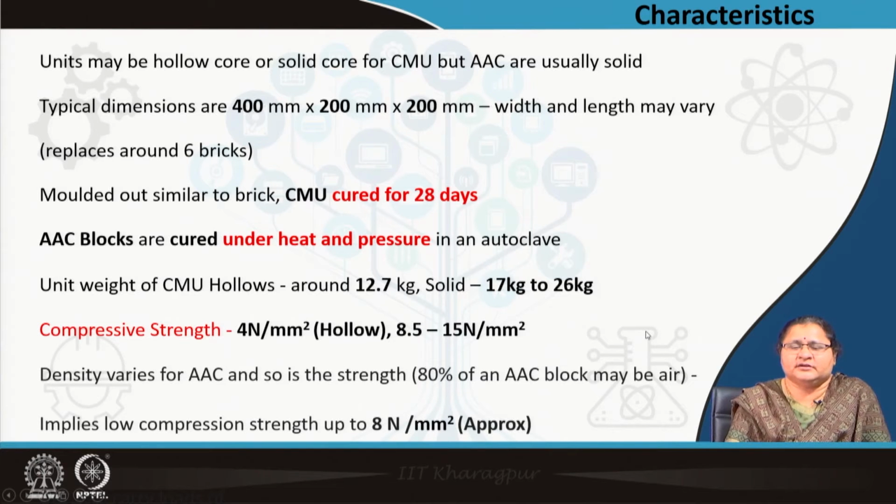Coming to the AAC block, 80% of it can be air. So, these are much lighter in weight compared to the CMU blocks, and they have a relatively low compressive strength, up to a maximum of 8 Newton per millimeter square.